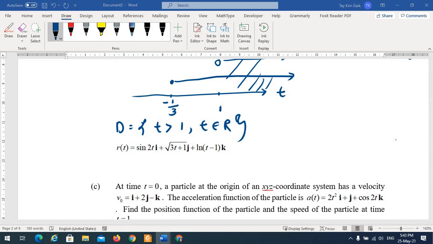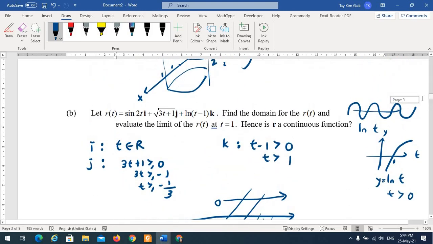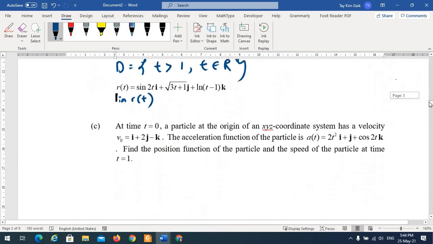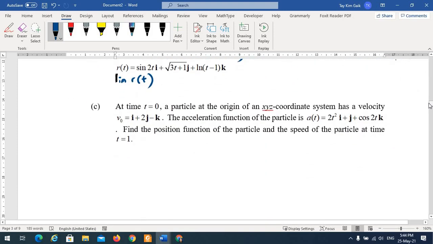Okay, limit. For the limit, we want the limit of r(t) at t equal to 1, the limit when t approaches 1.